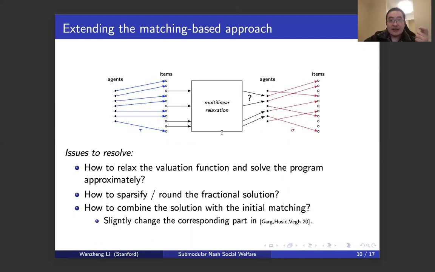At last, we also need to combine the sparse fractional solution with the initial matching. But fortunately, this part we can directly borrow from their paper with just a very little change. So we will focus on the first two steps.